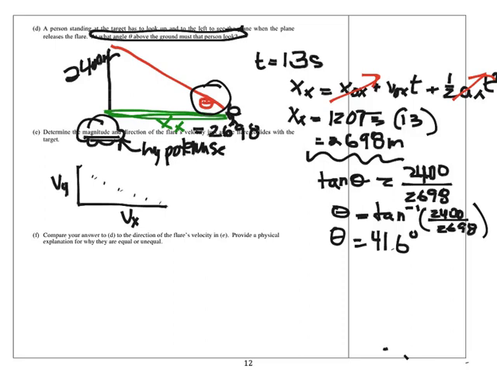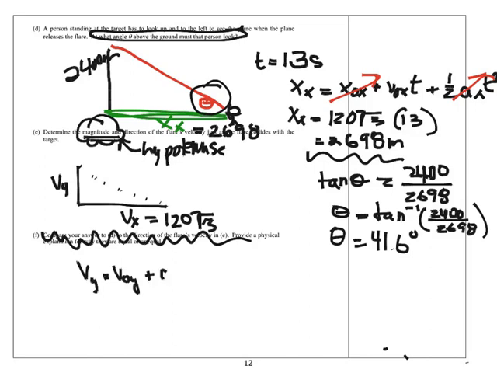We know Vx is going to stay the same, and that is 120 times the square root of 3. Vy, on the other hand, is going to change because of acceleration. So let's ignore part F for right now. We know that Vy is equal to Voy plus Ay times t. We know t is 13 seconds.